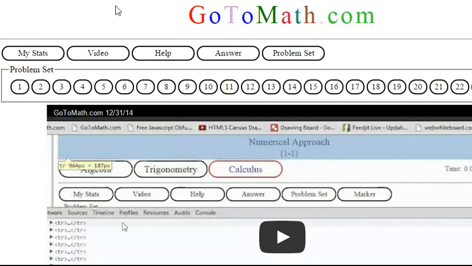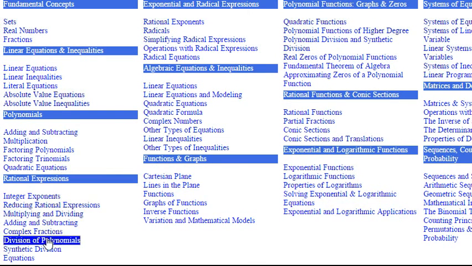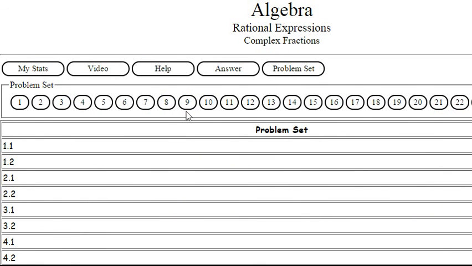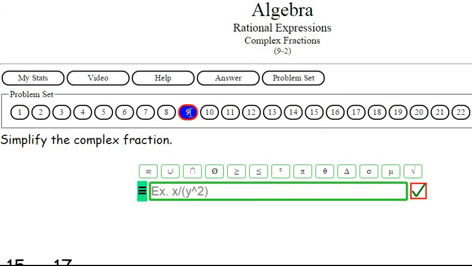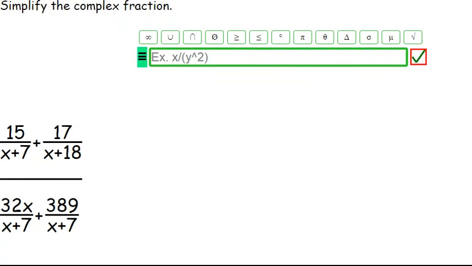Okay, we're at go-to-math.com. Click on the algebra. Let's go down to complex fractions, and we're looking at 9.2.